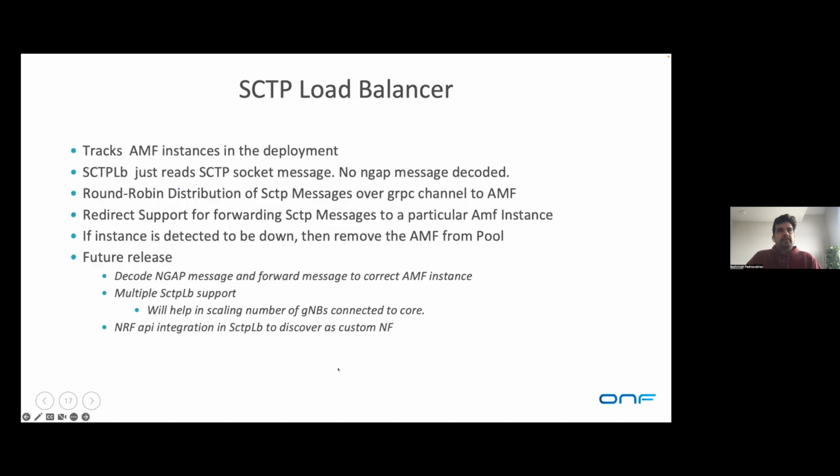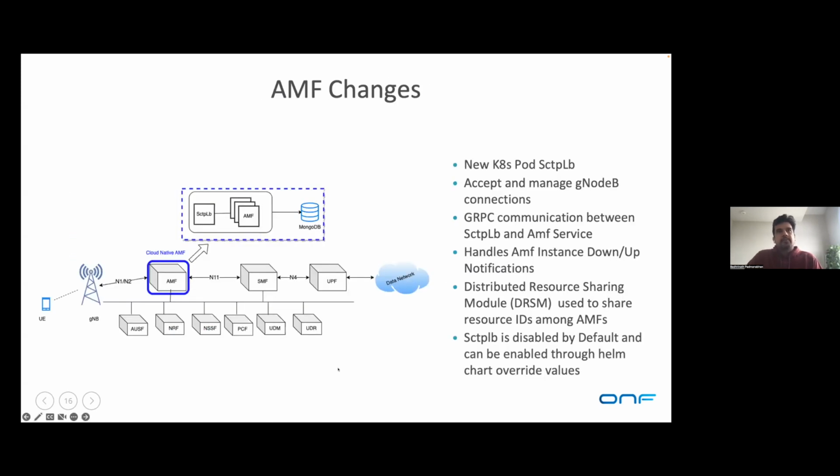This module keeps track of having all the different IDs that are generated by different AMFs in sync, and that every AMF instance generates a unique ID. Like AMF generates IDs like the S-TMSI, the AMF UE ID, and other IDs like this.